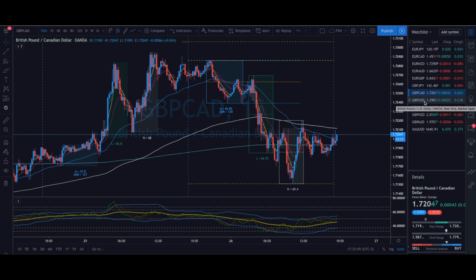Type 3 setup on both. Here you can see a 46 pip range during Asia, and then we had a move that came straight from the bottom, straight up, and got stuck in the middle of the range, giving us a railroad track here for the entry.